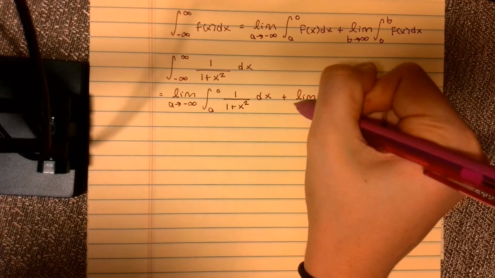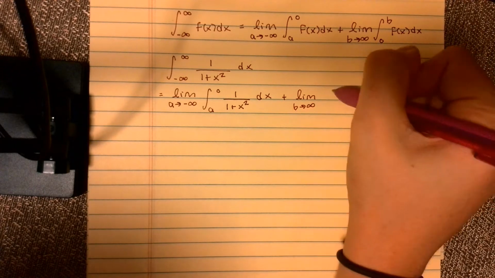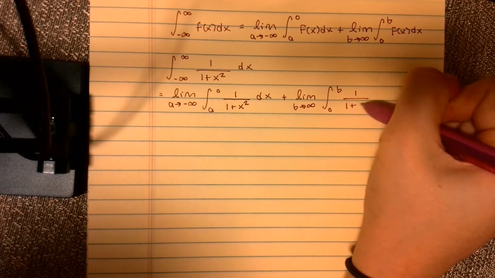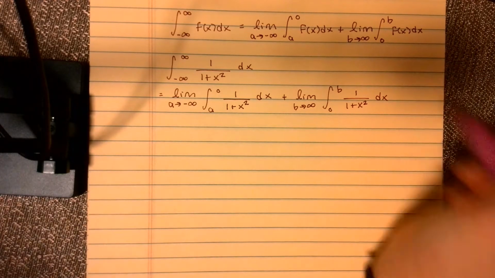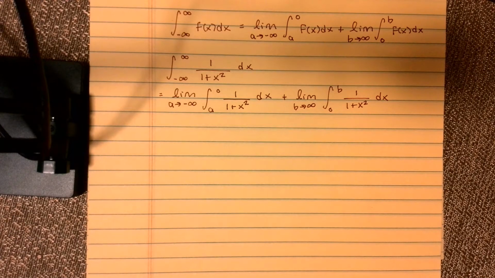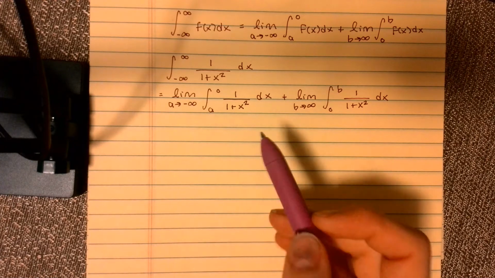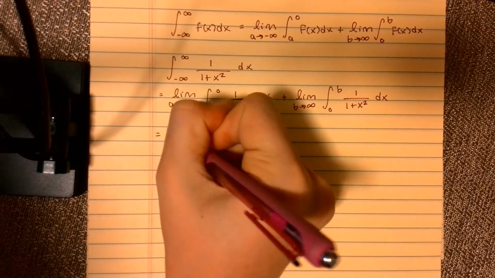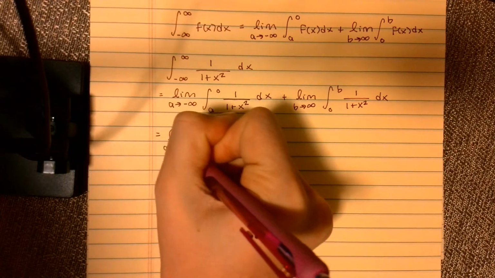And I'll let b go to positive infinity from 0 to b. I don't need to make any substitutions because I recognize that these are both rules. These are a little tedious because you have to keep writing the limits until you've evaluated them.